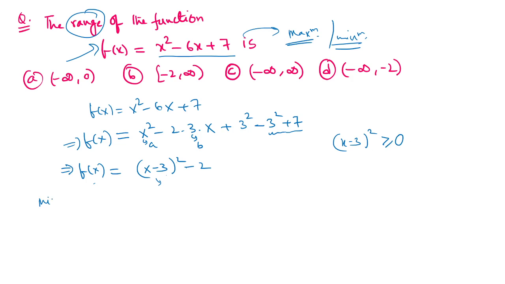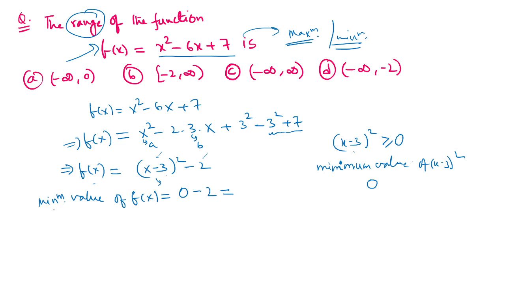So the minimum value of f(x) is when x minus 3 is 0, which gives minus 2. So that means the minimum value of f(x) is minus 2.